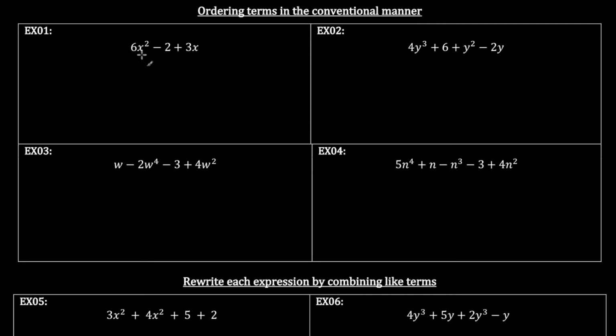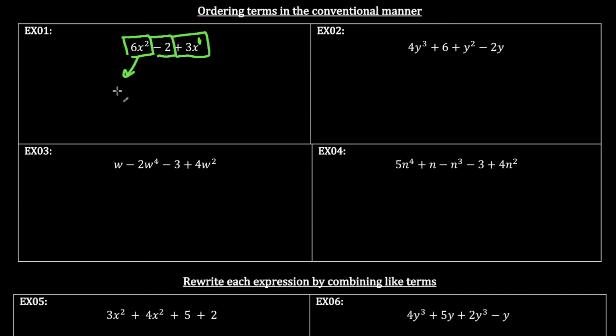So this is x to the second power in this term. And this, even though it doesn't say it, is x to the first power. So we're going to first show each term. X to the second power has the highest exponent, right? Variable exponent.